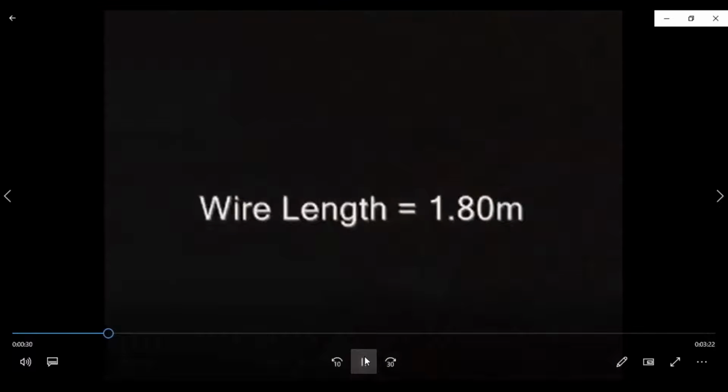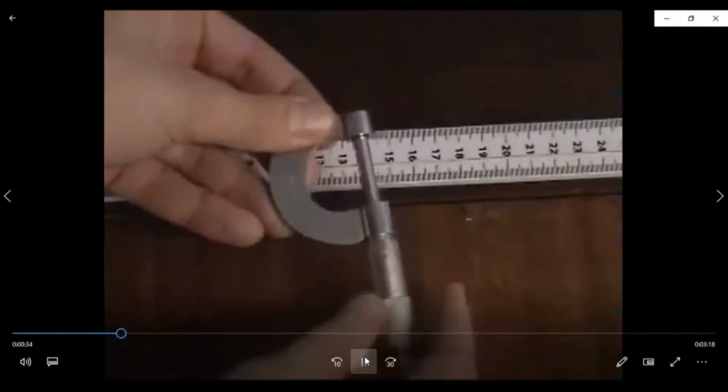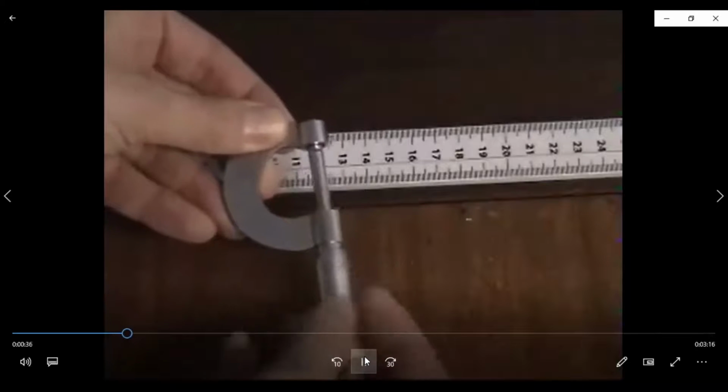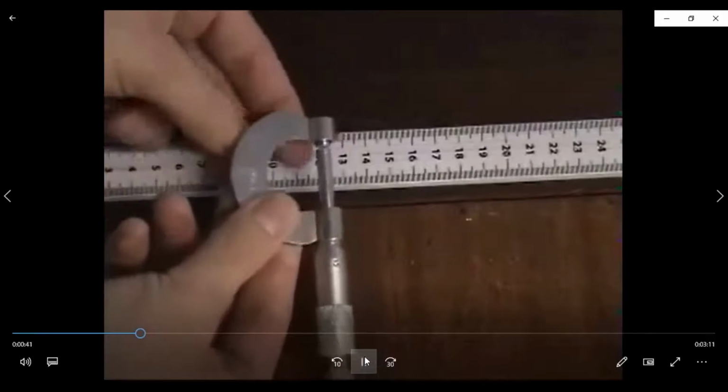You can check out the arrow over here. This is the arrangement. This is the total. With the help of this micrometer, you can measure the radius of the wire.